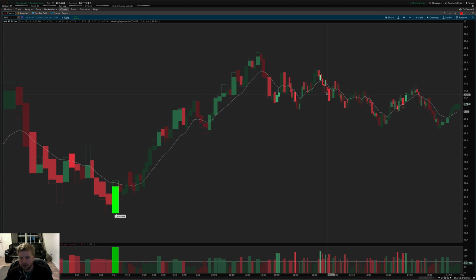Then you've taken all the entries that it gave you. Some of them trailed out, some of them took you to target, and eventually you are in for the bigger move where it gets you to the full 2R target down here, and the one where you can get in right here and take you to the 2R target there. And I think the same thing right here. Got another 2R target right there.